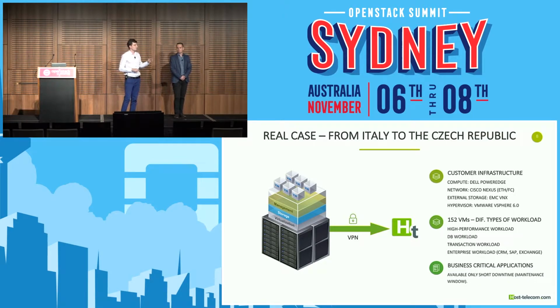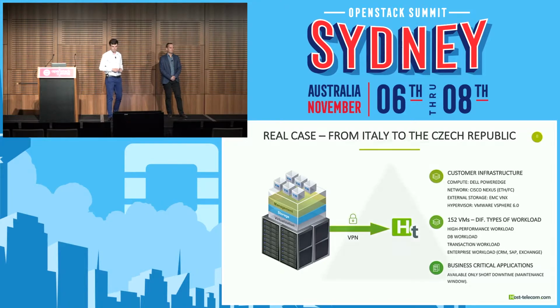They were using VMware vSphere for virtualization and had 152 VMs with different types of workloads. This includes high-performance workloads, transaction workloads, database workloads, and enterprise workloads. Some of these workloads are mission-critical and should be working 24/7.